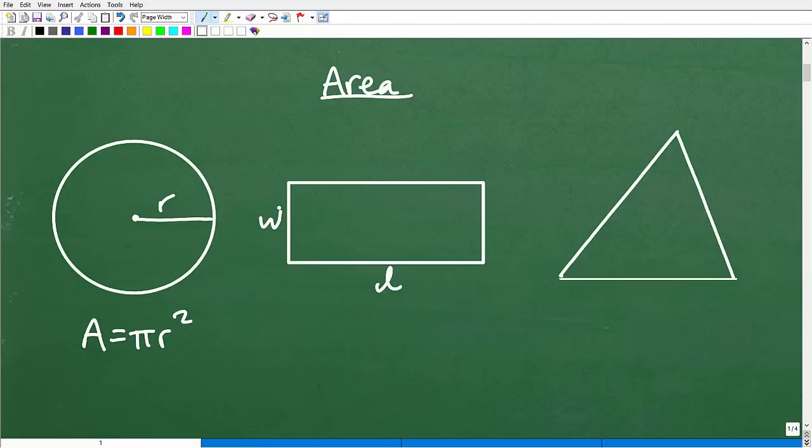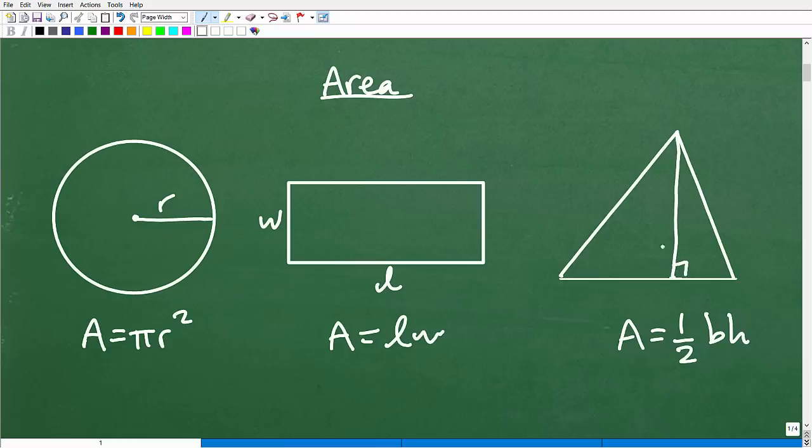Again, I can use this formula: area equals length times width. And here I have a triangle. The area of a triangle is 1/2 base times height. So this would be the height right here, and this would be the base. So I could find the area of a circle, a rectangle, or a triangle, not a problem.